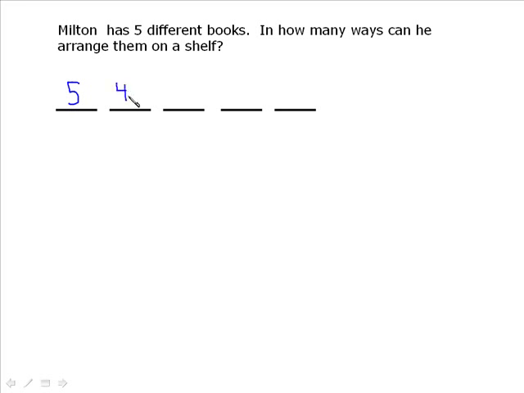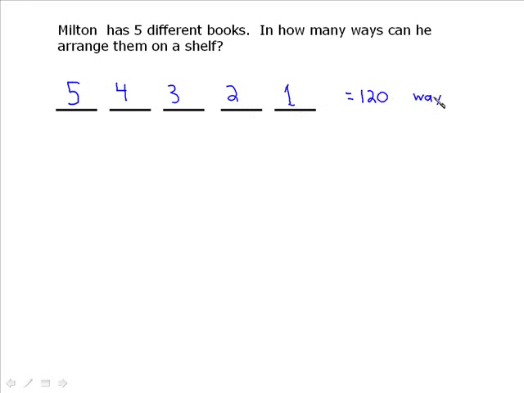And then this would go down to 3 choices for the next, 2 choices for the next, and then 1. And according to what we know about the fundamental counting principle, we would just multiply them out. And that would give us 120 different ways.